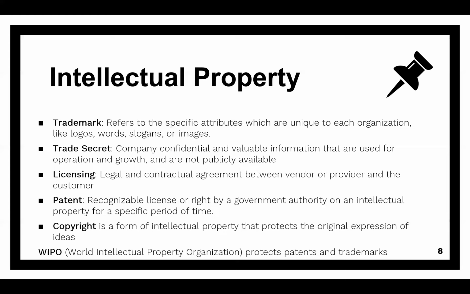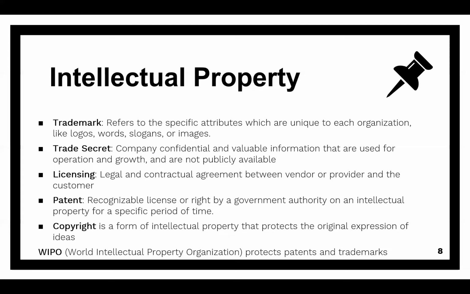Copyright, on the other hand, is a type of intellectual property that protects the original expression of ideas, right? So if you're writing a book, for example, you can have a copyright associated with it, so no one can copy the content of your book.